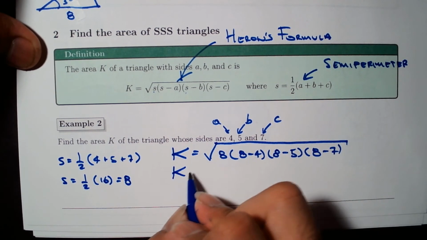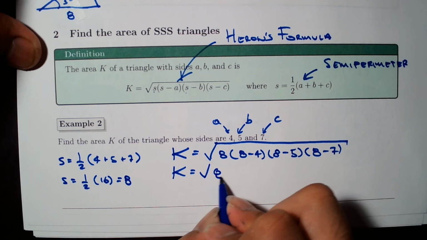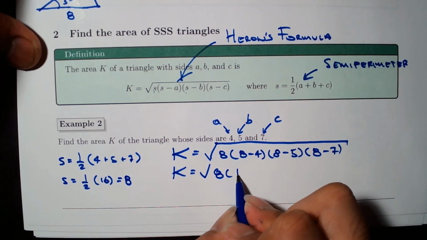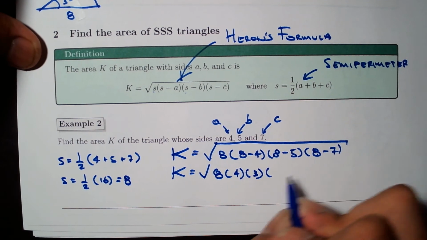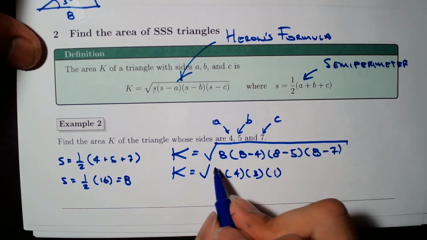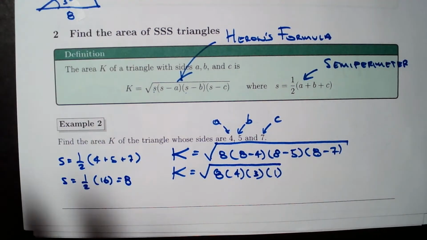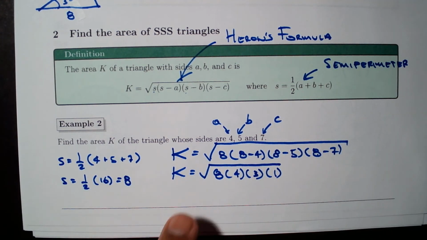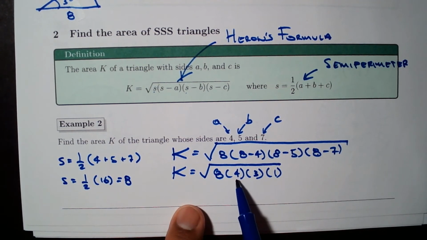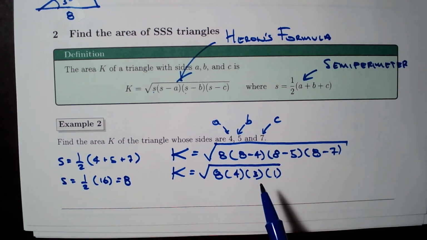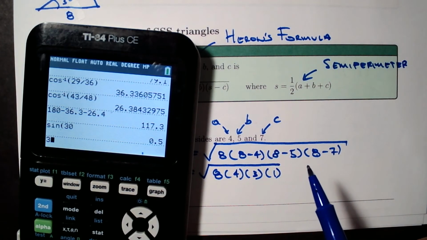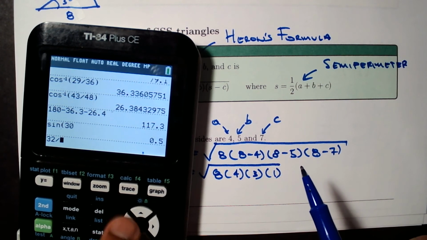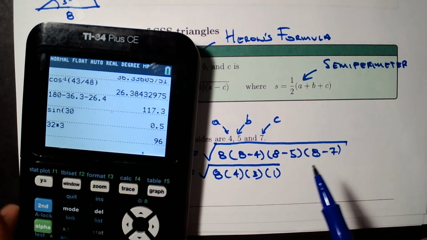So K equals the square root of 8 times 4, times 3, times 1. Let's multiply these numbers inside of the radical. 8 times 4 is 32. 32 times 3 is 96.